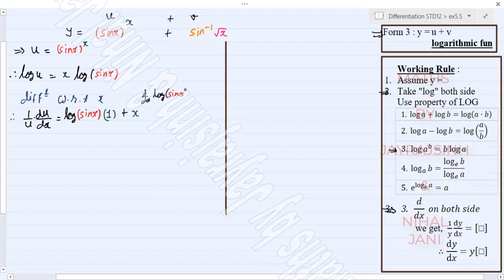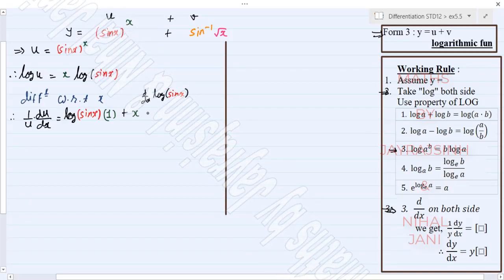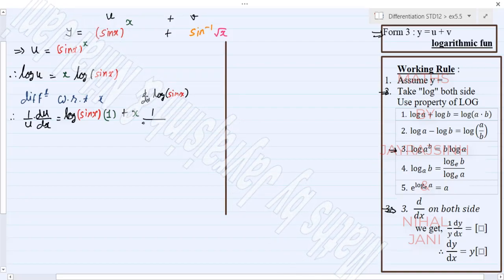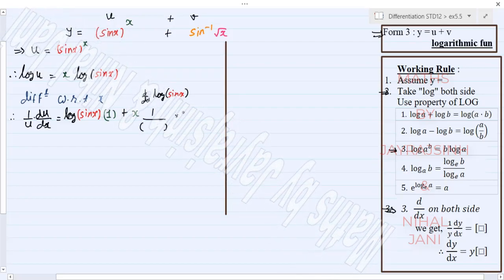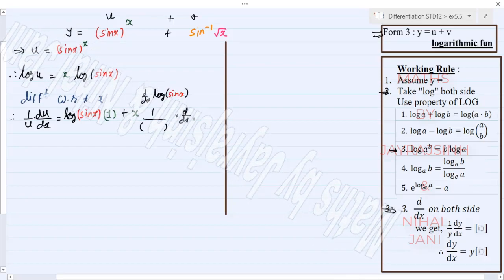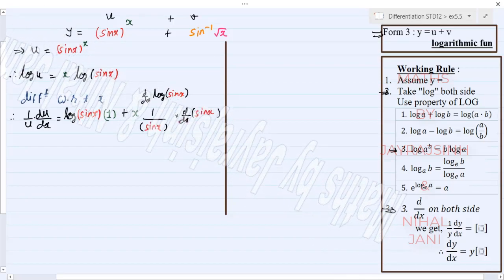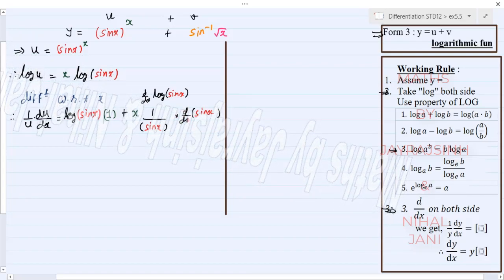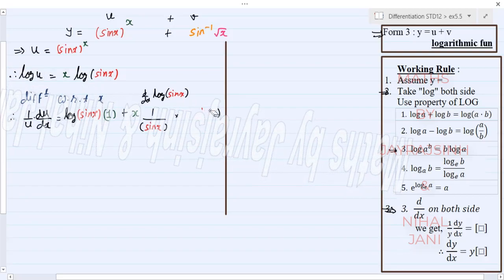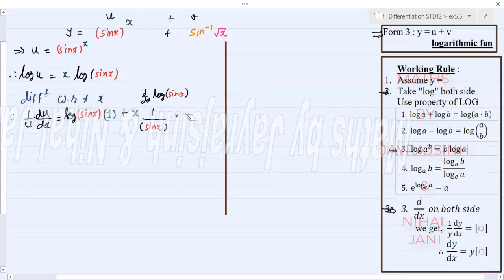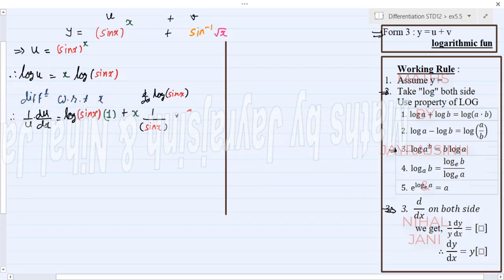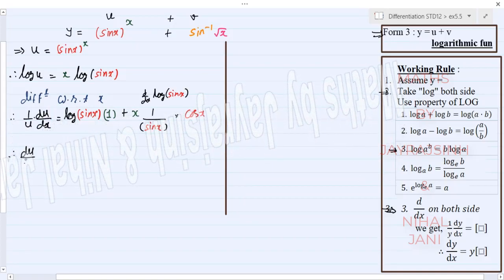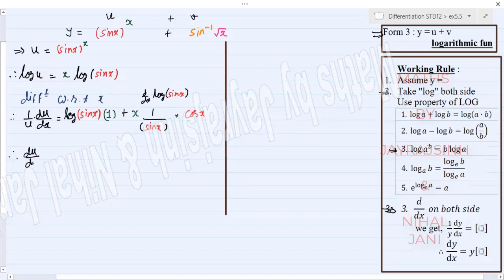For that we have to consider box around the sin x. So differentiation of log box will be 1 upon box into differentiation of box. Within the box we have sin x, so we just have to multiply differentiation of sin x, which is cos x.